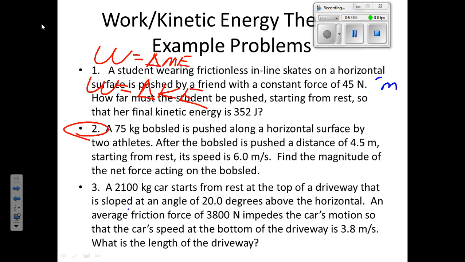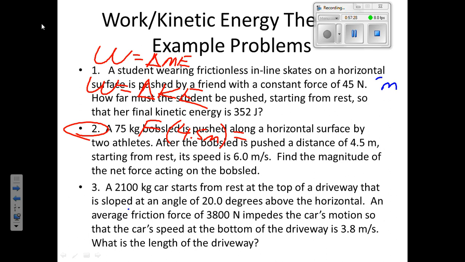And if we do a little manipulation of this, I know work is force times what? Distance. We know the distance. It's 4.5. And that's equal to change in kinetic energy, which is, we started with 0 kinetic energy, right? The box started from rest. So the change in kinetic energy is whatever the final kinetic energy is.